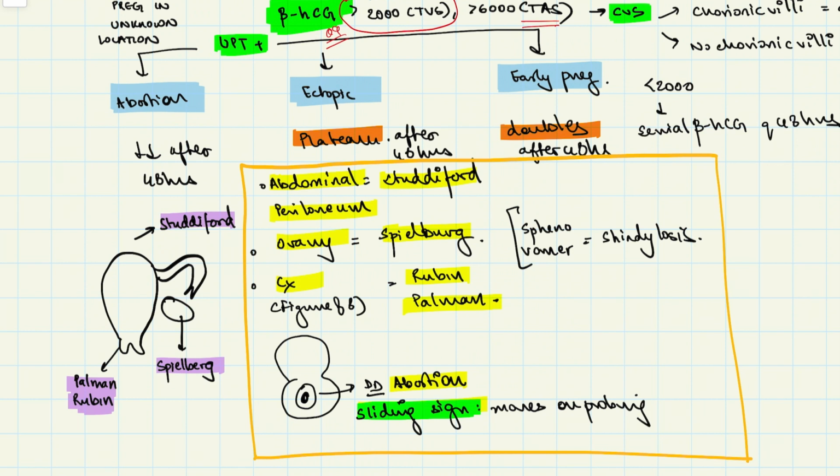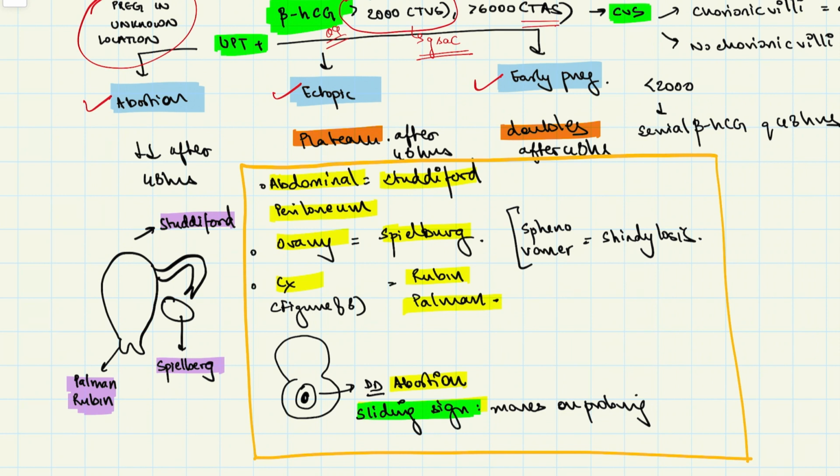What is critical titer? It is the value of beta HCG at which we can see the gestational sac on imaging. So if the beta HCG is more than its critical titer in a UPT positive patient, but a gestational sac is not seen in the uterus, it can mean that three things have happened: abortion, ectopic pregnancy, or the pregnancy is early.